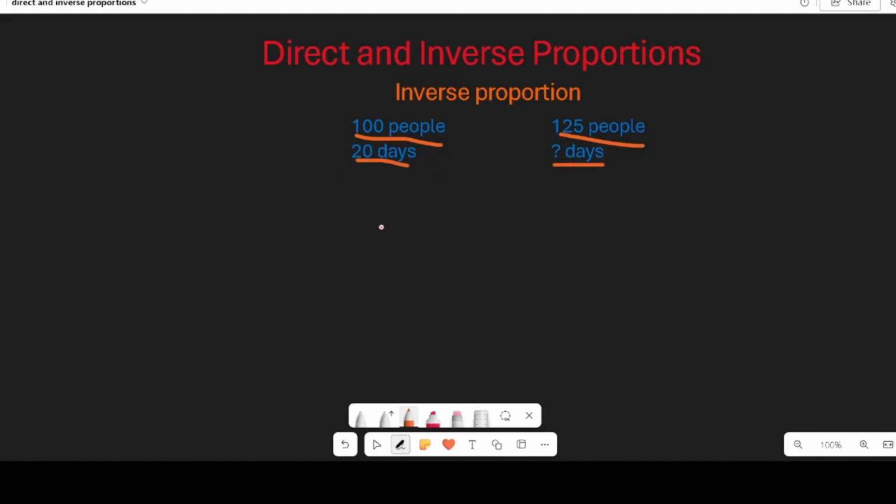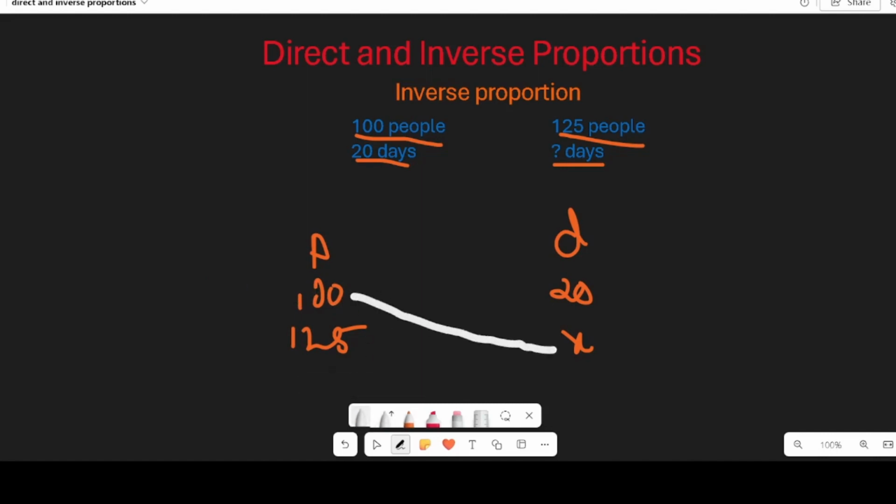If you make it in the table format I told you, people, days: 100 over here, 20 over here, 125, x. Previously we used to do something like 100 with x and 125 with 20, so we'd cross multiply. This time we're going to do it differently.